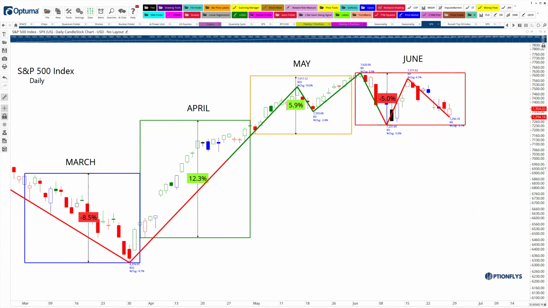So what does that tell you? It tells you one thing: once you see swings moving too close, based on price and time, that defines what you call loss of momentum.